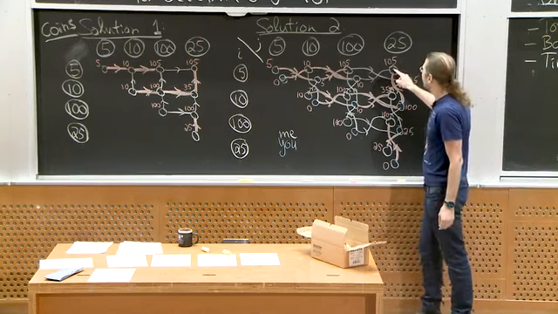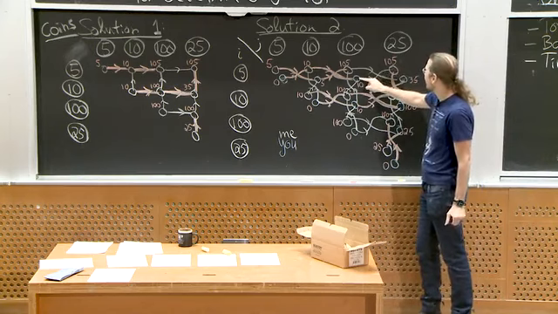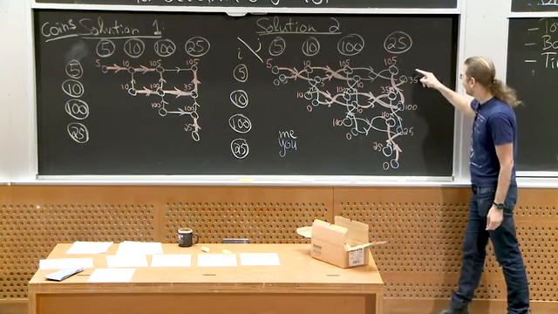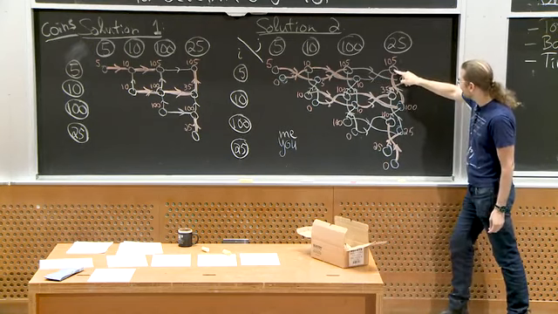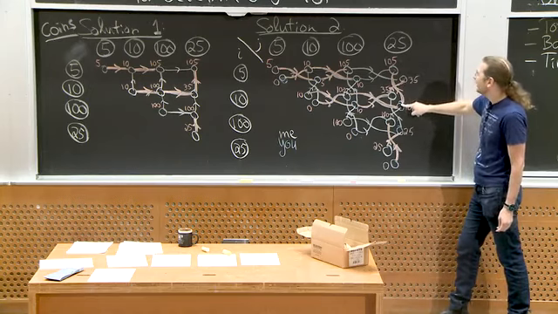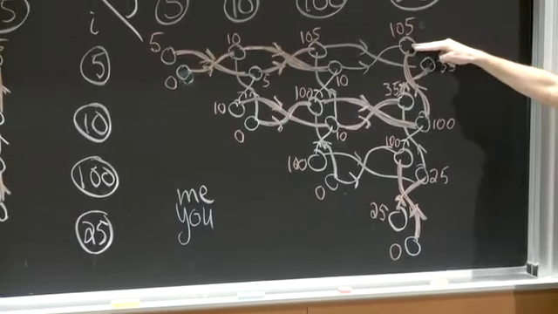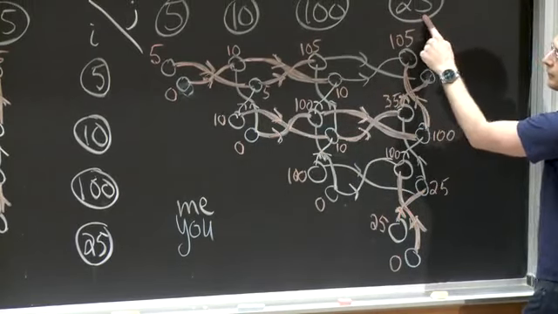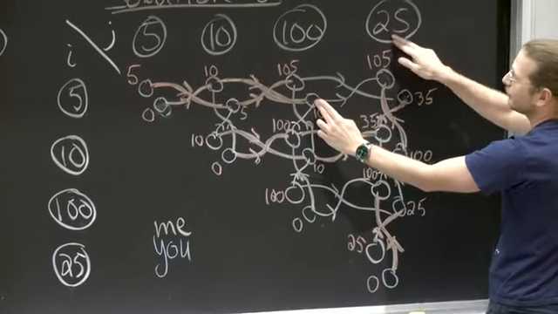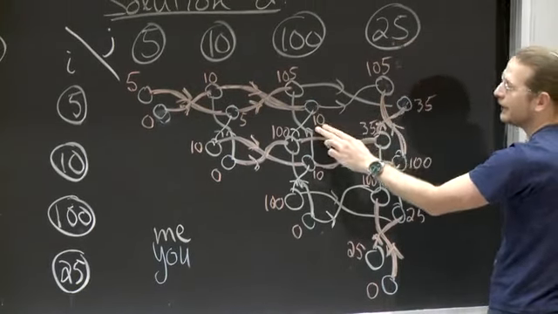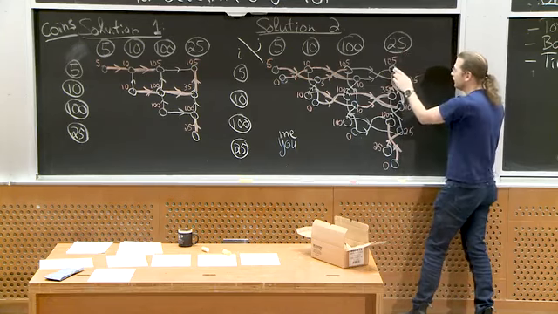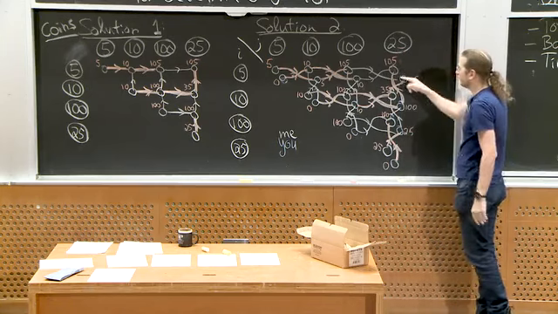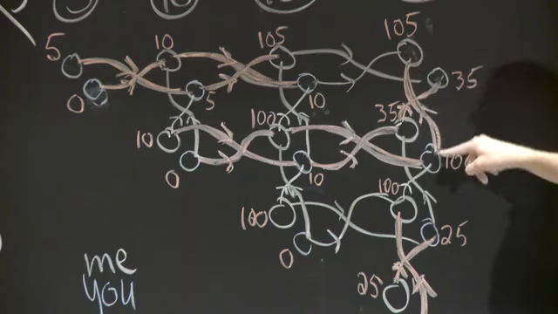The claim is that the best answer here is to go here with the 100 and take the 5. Because going down corresponds to removing the last item. If I went to the left, that corresponds to removing the first item. So my options are 10 plus 25, which is 35, versus 100 plus 5, 105 wins. So that's why there's a red edge here showing that was my better choice.